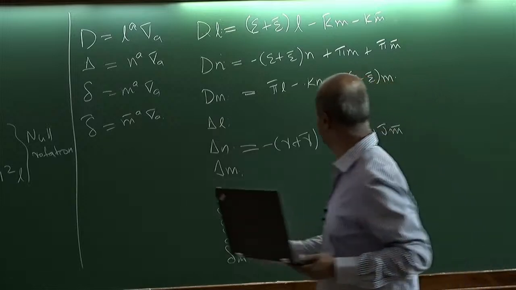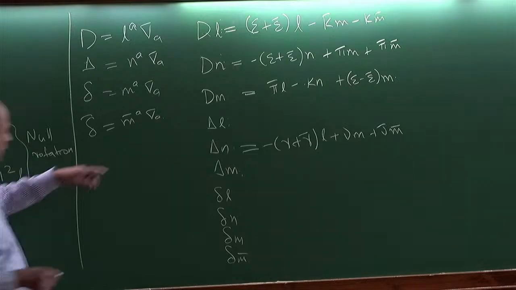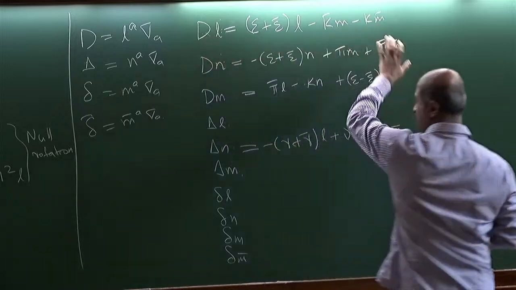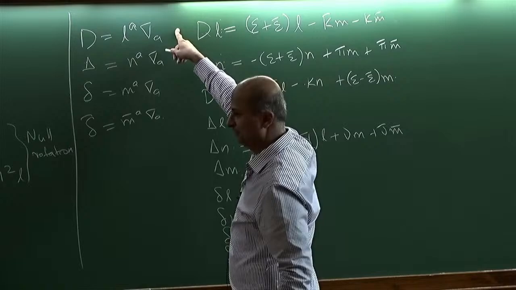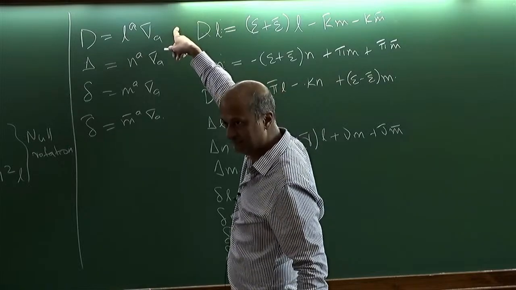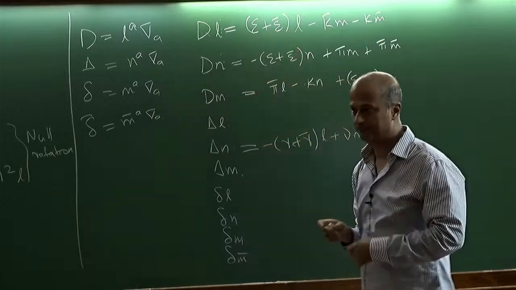So let me just talk about a few of these already here. Okay, so first you notice from this equation, the first one, that if I contract this with n, then I just get this epsilon plus epsilon bar.